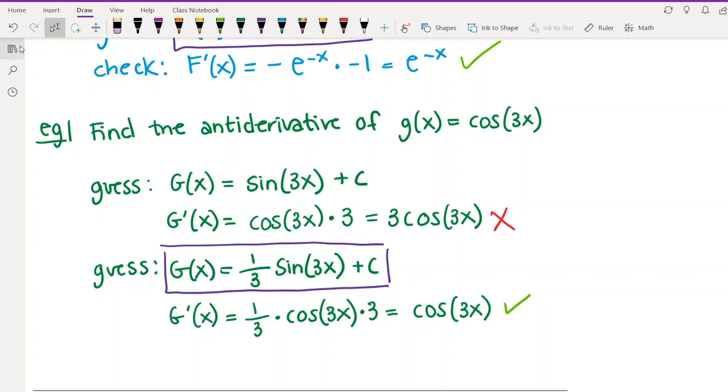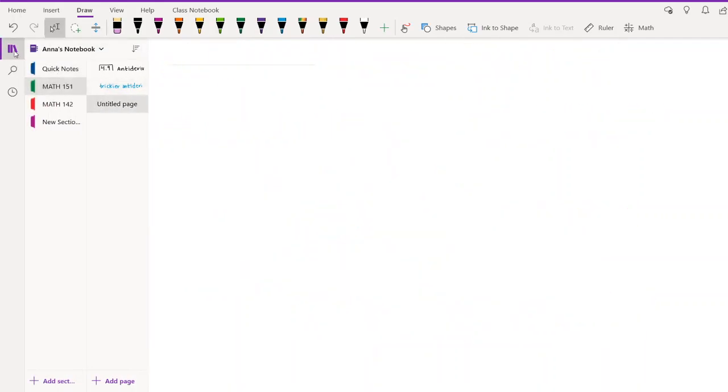Okay, one last thing for today is talking about an application of antiderivatives to physics. Yesterday we talked about how, in general, if you have a function f of x and you take the derivative, you get f prime of x.